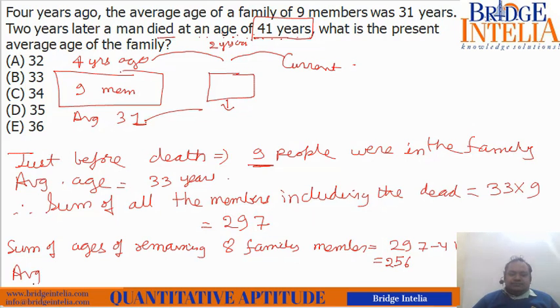So the average of the remaining members is equal to 256 divided by 8, because one person has died. So this is equal to 32.